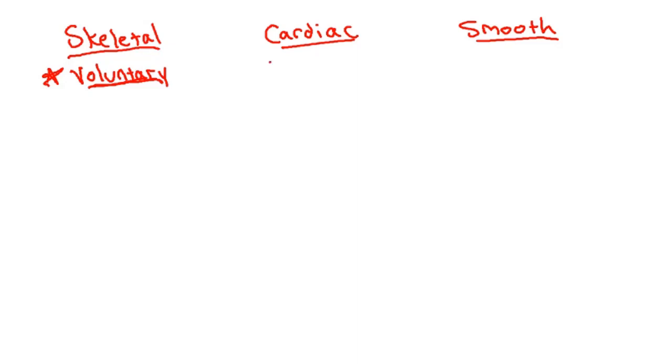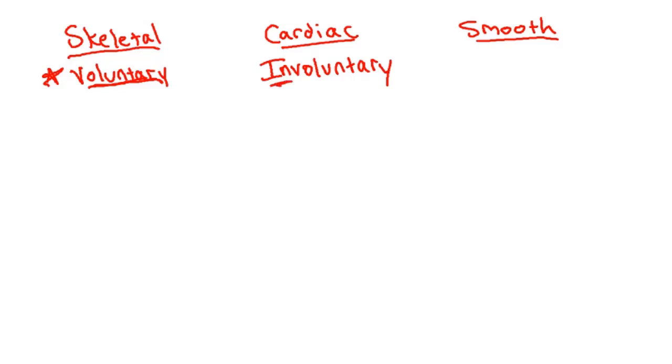The cardiac muscle is involuntary because your heart beats whether you think about it or not. You don't have to sit there and think, okay, beat, okay, beat, to get your heart to beat. Your heart is going to beat whether you're thinking about it or not, whether you're awake or asleep. So the cardiac muscle tissue is involuntary.